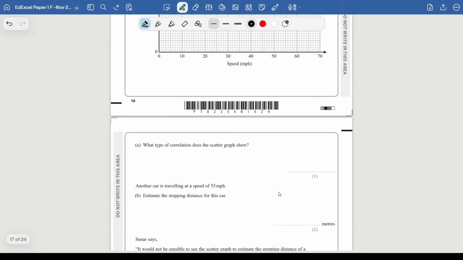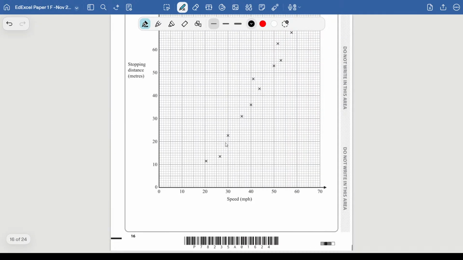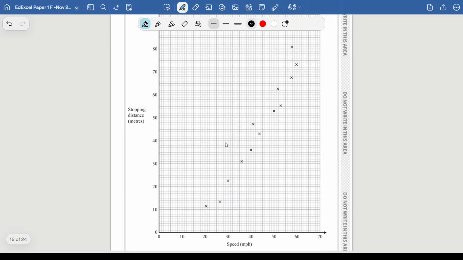So what's the question? Here it says, what type of correlation does the scatter graph show? The correlation means the relationship between the two variables on the x and the y axis. If the speed increases, how does the stopping distance change?